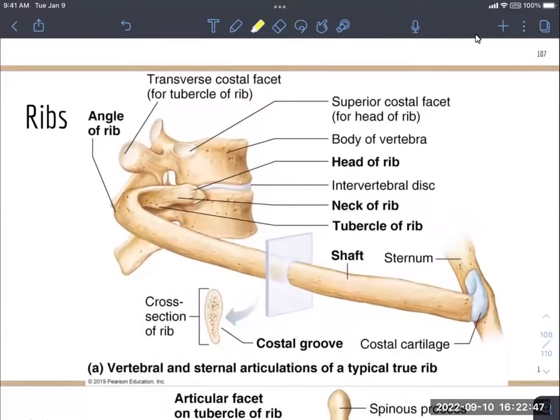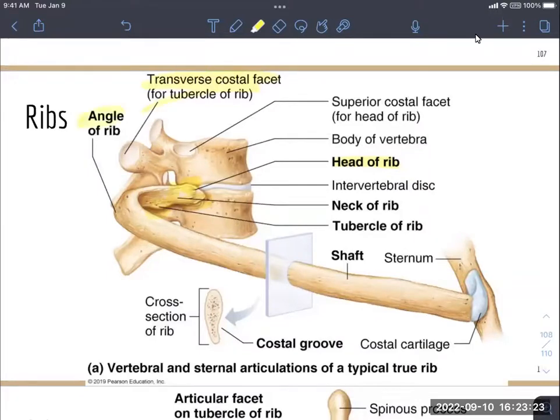The head articulates with the inferior costal demifacet of the superior vertebra and the superior costal facet of the lower vertebra. We have the neck, which is just past the head. We have the tubercle of the rib, which articulates with the transverse process, that transverse costal facet.